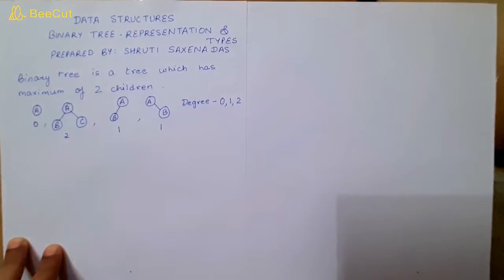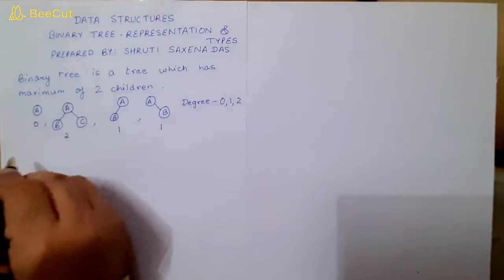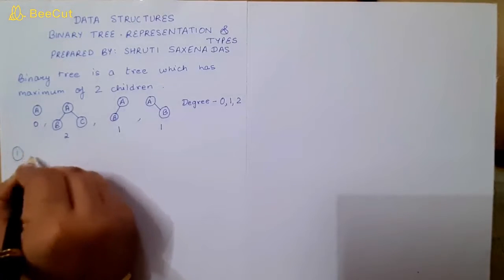Then what are the representation methods used for representing this tree? There are 2 methods. The first method is by using an array.